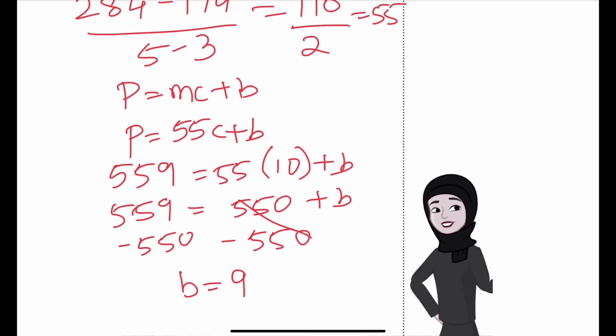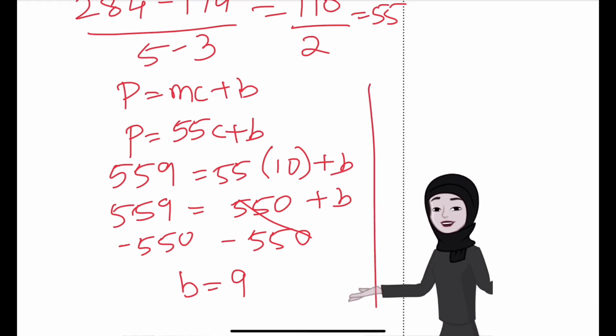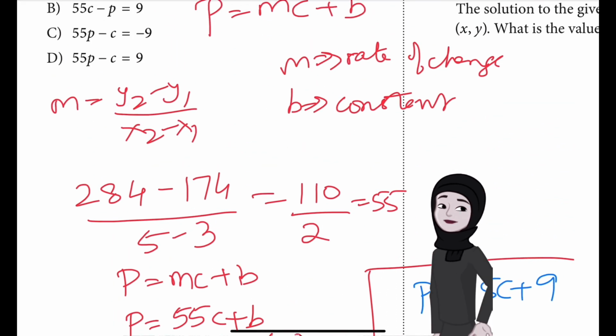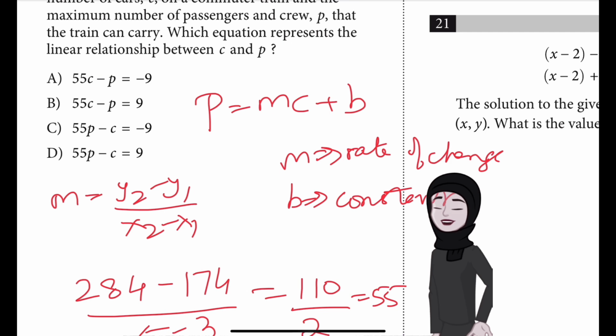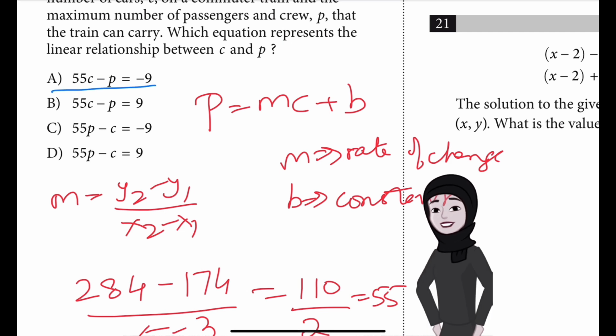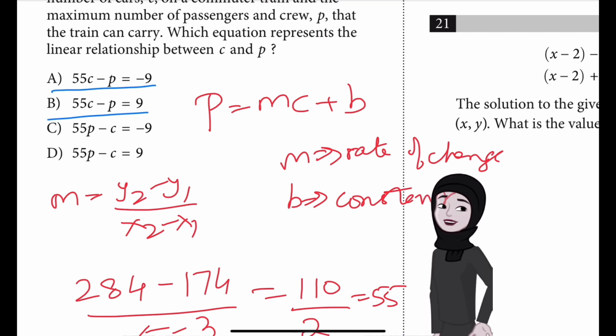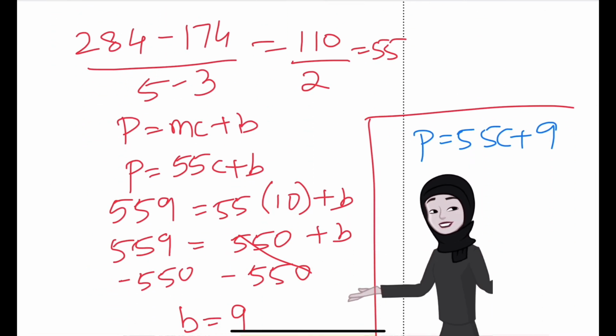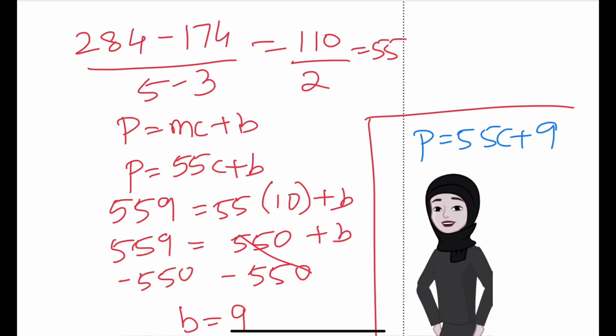So now we know both the values of the slope and the y-intercept. So our equation will be P is equal to 55 c plus 9. But you can see that it is given in this form. The c and p, all of them are on the left hand side and only the constant is on the right hand side. So we have to push these terms to the other side.